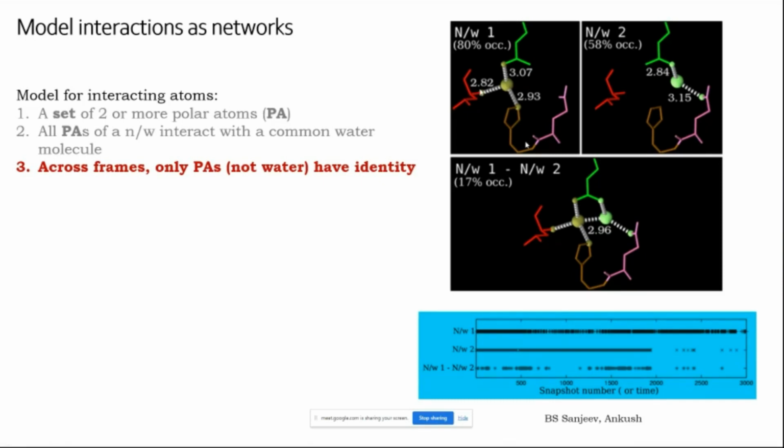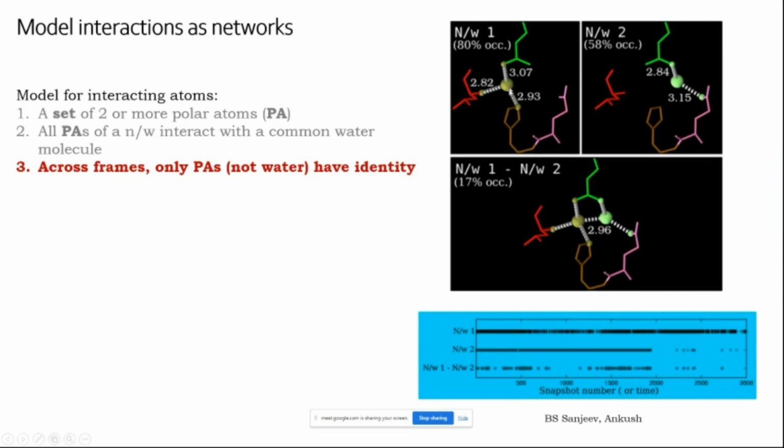But what we want to do now is first find networks, and in doing so, we do not want to give any particular ID to a water across frames. So for example, this network in frame 1 could be through water number 1.